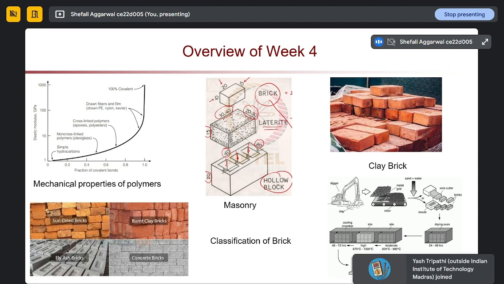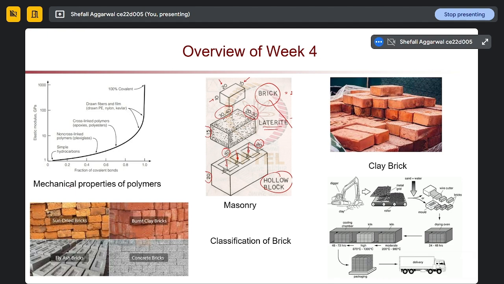Next, coming to polymers, the other thing is the different mechanical properties of our polymers. We have talked about three types of polymers: thermoplastic, thermosetting, and elastomers. So how are the different properties? It is a comparison of elastic modulus with respect to covalent bonds.